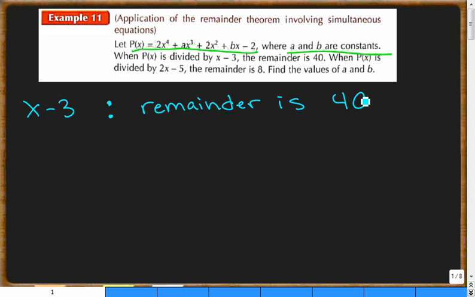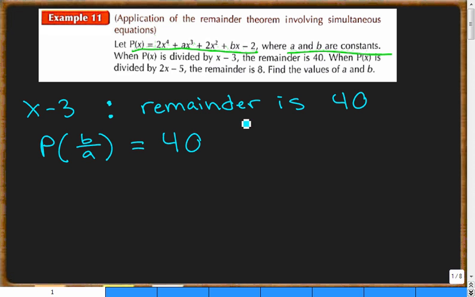What that tells us is that when we do p of b over a, this is going to equal 40. That's what we know. We're going to figure out what b is, figure out what a is, and then evaluate based off that.